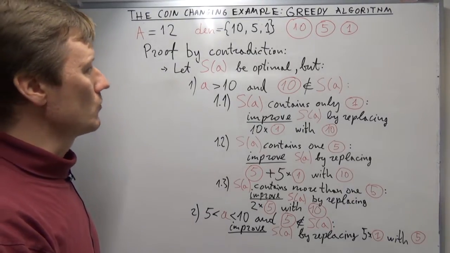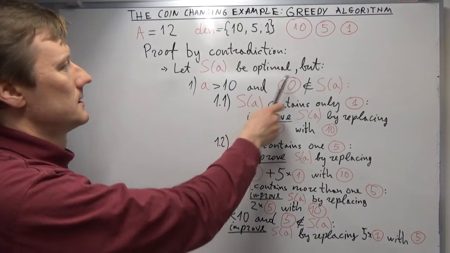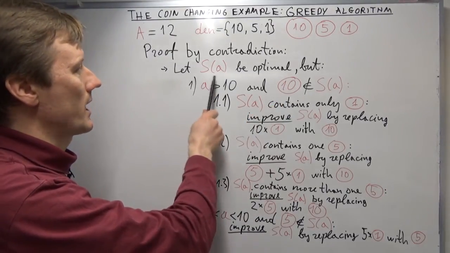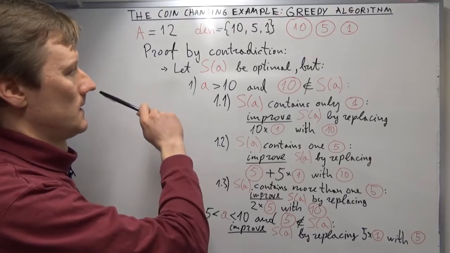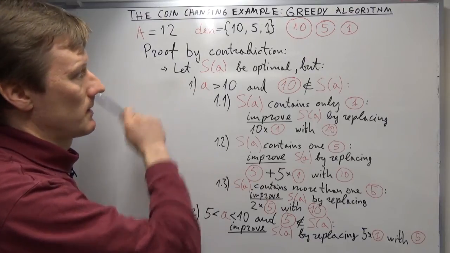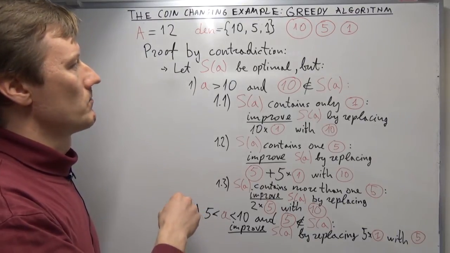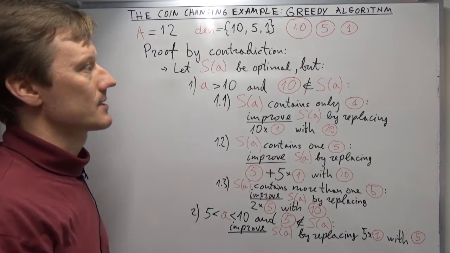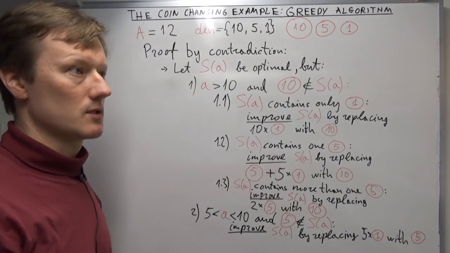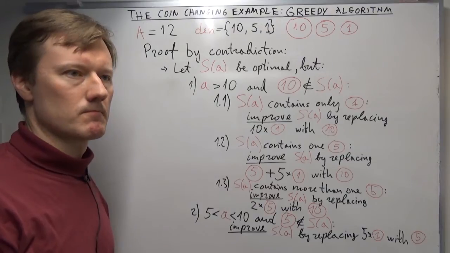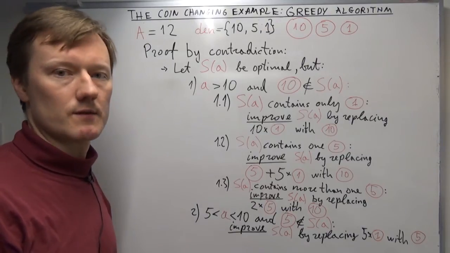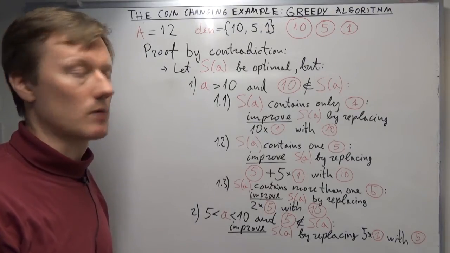where you say, let us assume that we have an optimal solution for the given amount A, but that solution does not include the greedy choice, whatever that is defined for the given problem.